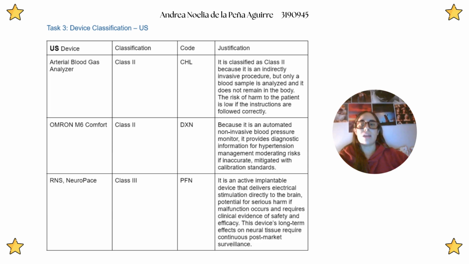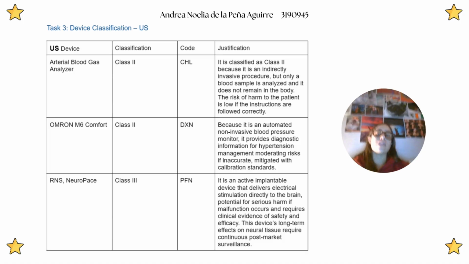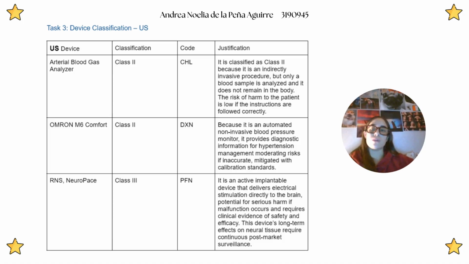And lastly, the RNS NeuroPace is class 3 with a code of PFN since it's an active implantable device that directly interacts with the brain and requires strong clinical evidence of safety and efficacy. This information was taken from the official website of the US Food and Drug Administration.